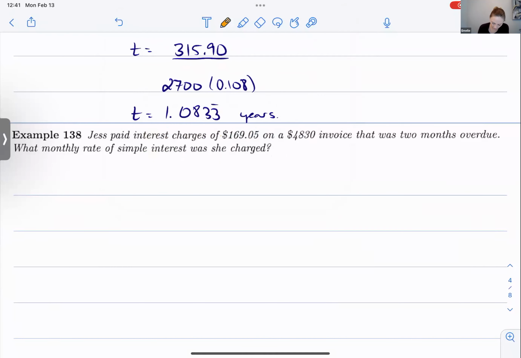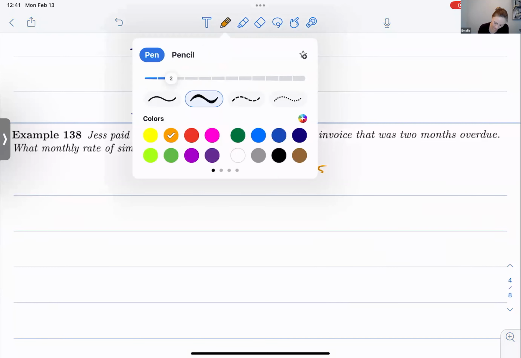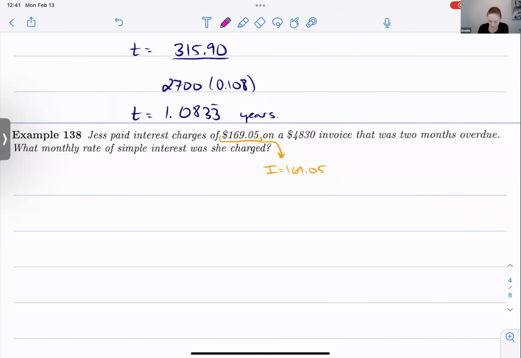So first thing we're told, and there's no tricks here, is that I is 169.05. We're also told that the initial invoice, which is the principal amount, the initial amount that was due, and then we have to pay interest on that. So now P is 4830.